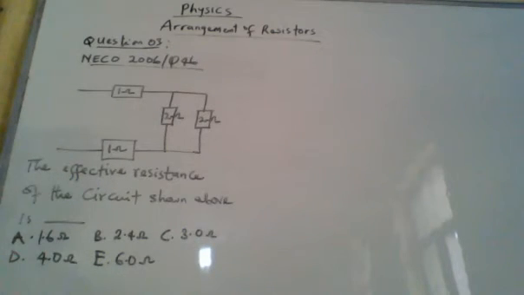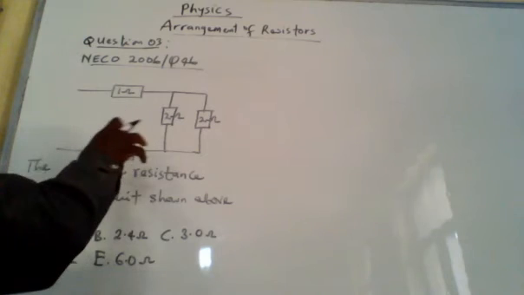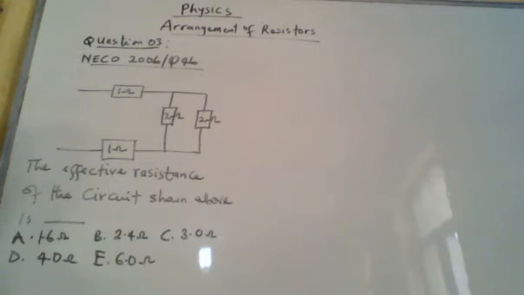Don't forget that effective resistance also refers to the total resistance in the circuit. And we need to also be able to interpret these circuits. This circuit is a combination of series and parallel connections.